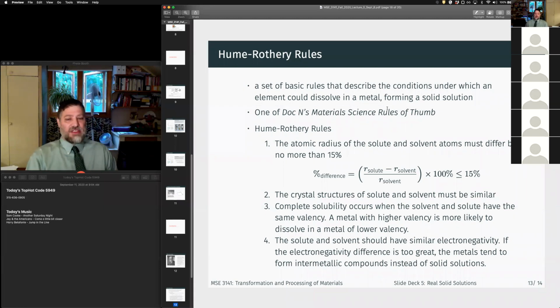And these rules, while focused on metals, also hold true for a lot of other types of solutions.